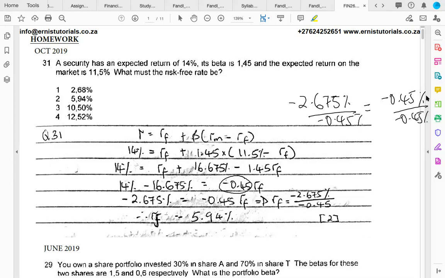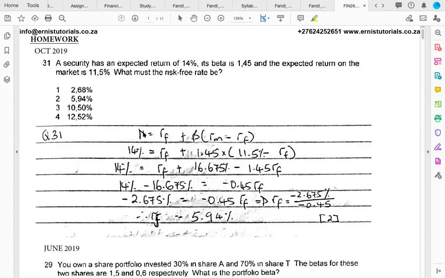So the minus 0.45 cancels, and then if we divide these two, we get 5.94%. Okay, so it means the risk-free rate is 5.94%.